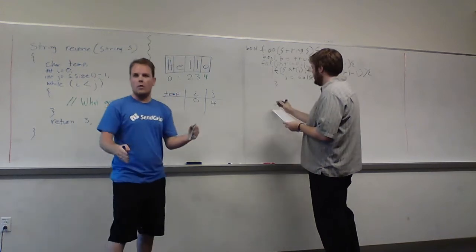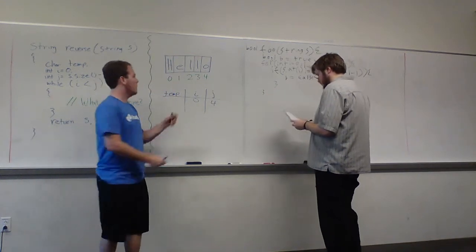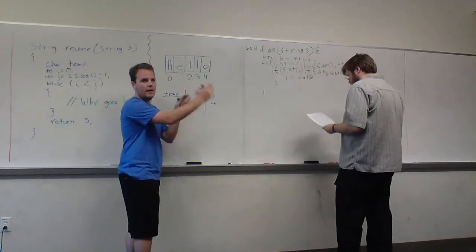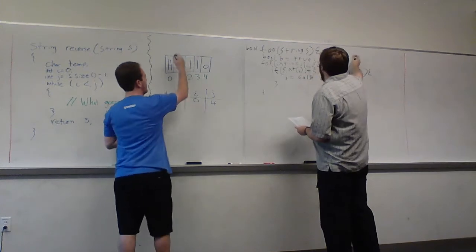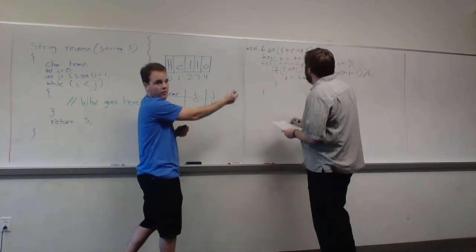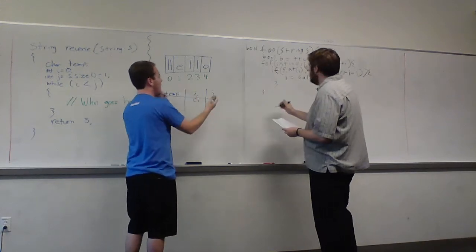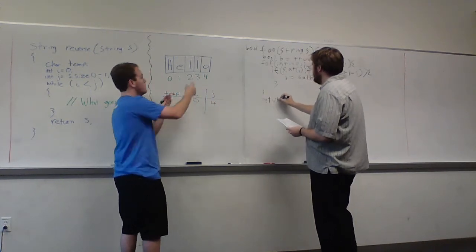So what is the goal? Our goal is to reverse the string. Well, how are we going to do this? Well, we have the beginning and the end. Okay? So we're going to take the first character and put it at the end. Take the ending character, put it in the beginning. Okay? And then after that, we're going to do it for the set of inner characters.